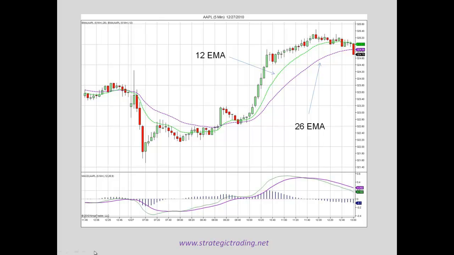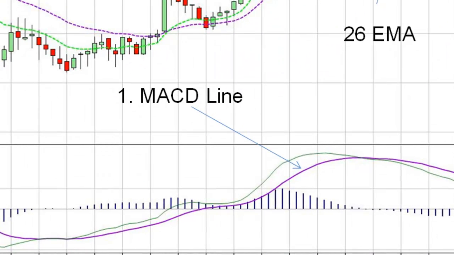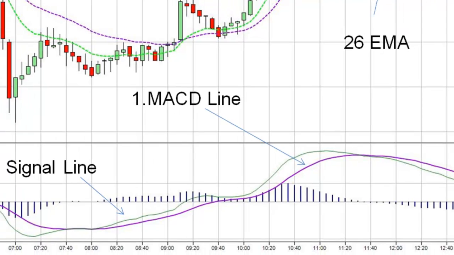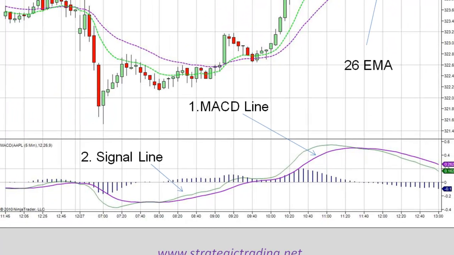Now let's take a look together at the different parts that make up the MACD itself. First and foremost, there's the MACD line. The purple line that you see on the MACD in front of you is what we call the MACD line. Then we have the signal line. It is the green line that you also see as part of the MACD indicator.